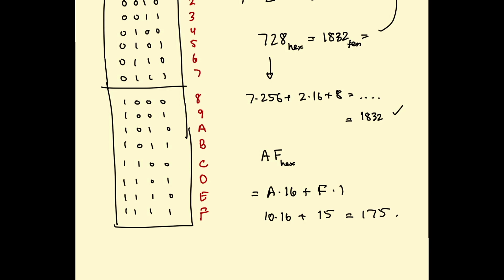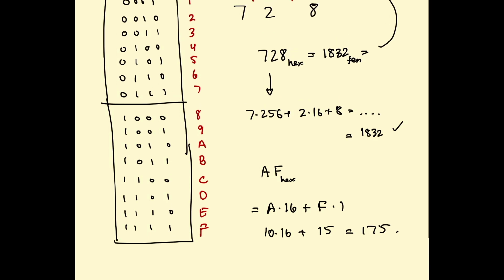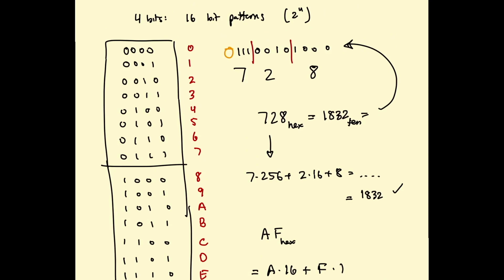So with respect to our 1832, what are the different utilities here? For us as humans, what's an easier way to write it? Well, just as 1832. That's probably the easiest. But if I want to look at it in binary, it required 11 bits here, maybe more if we pad it. 728 is useful because there's an obvious direct correspondence between it and the binary.